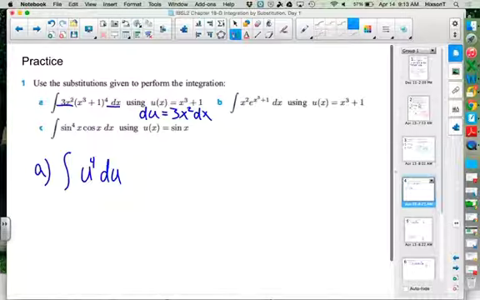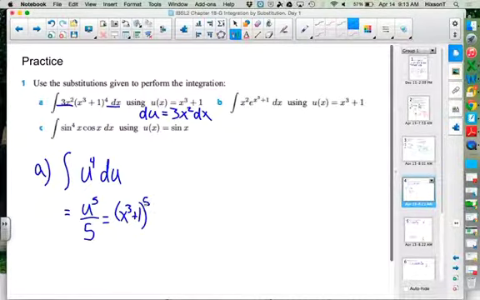Pretty much just like the last one, something to the fourth is that to the fifth power over 5. Now that we've integrated, we substitute back in. So it's x cubed plus 1 to the fifth over 5 plus c.